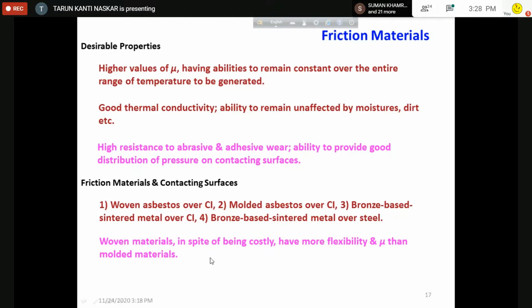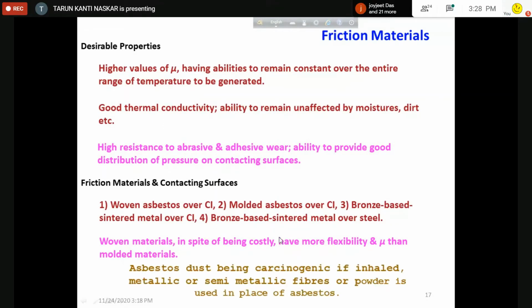Woven materials, in spite of being costly, have more flexibility and mu than molded materials. So this is another thing. For friction material, it should be woven material. It is more desirable. Okay. So these are the properties.